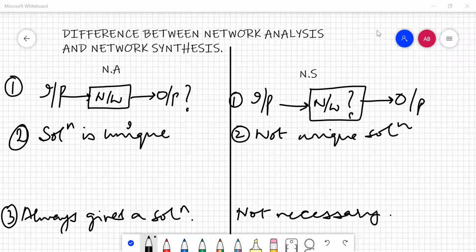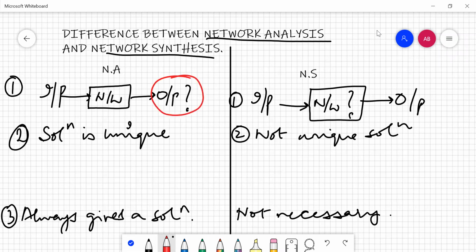So let's learn the difference between the two. Now we come to the basic difference between network analysis and network synthesis. In network analysis, whenever a circuit is given, you need to calculate the response of the system. You are given the network element values as well, and you need to calculate the current in any element or the voltage in any branch, and the voltage input is also given.